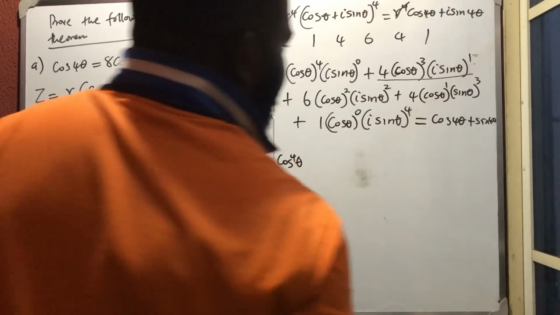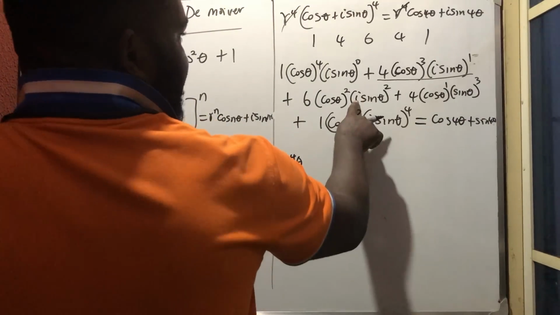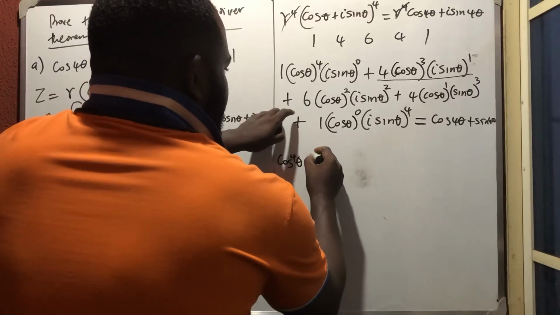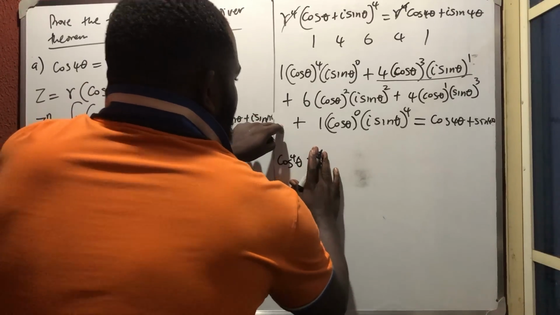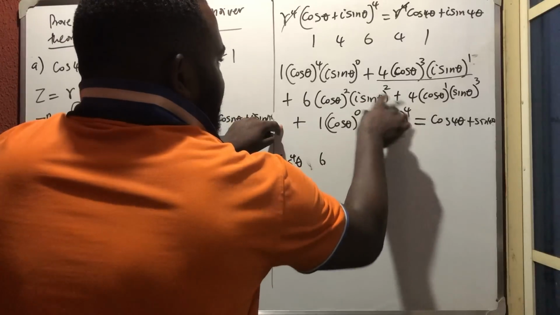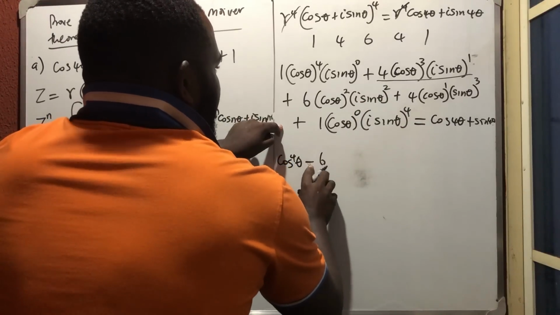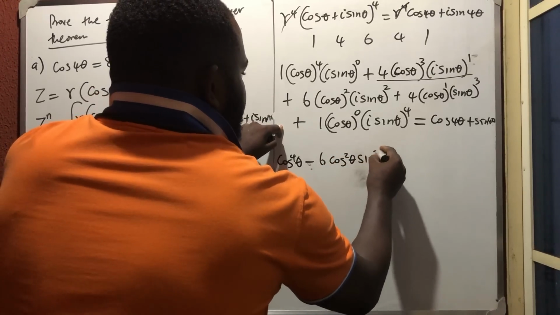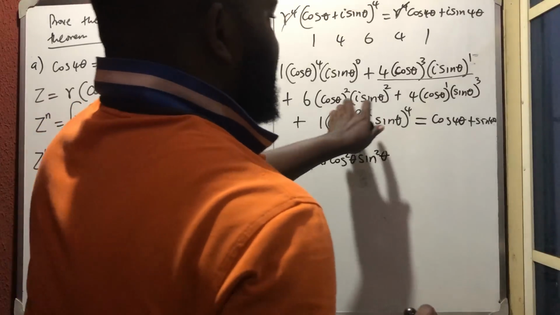I squared is minus 1, so I'm interested in the plus 6. In fact, it's going to be minus because I squared is minus 1, so minus times plus is minus. So minus 6 cos square theta sine square theta. That is for these two.